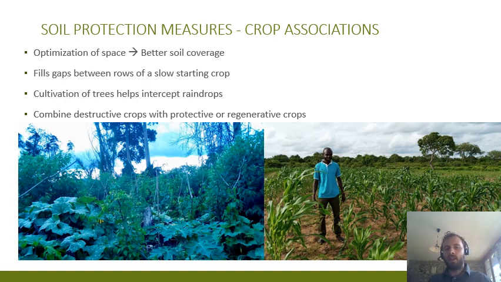And you can associate trees with annuals, and that way you will diminish the speed of raindrops and also diminish erosion. And finally, in crop association, you can associate destructive crops with protective crops for the soil, and that way limit the negative impacts of the crops that are not good for the soil.